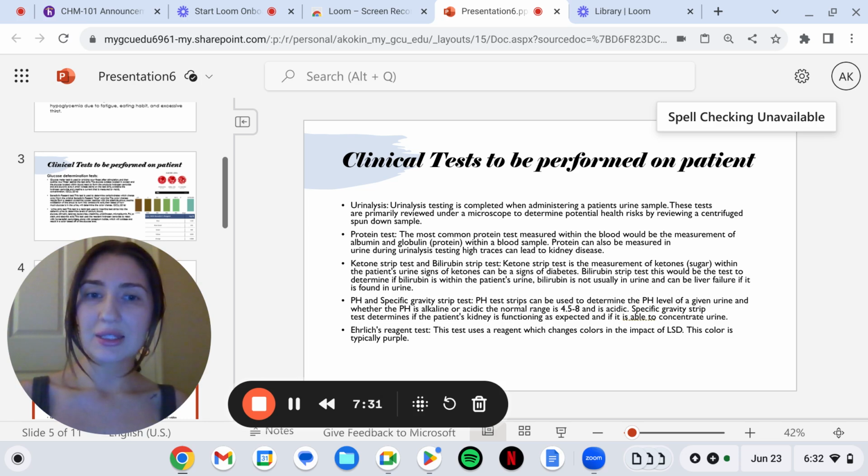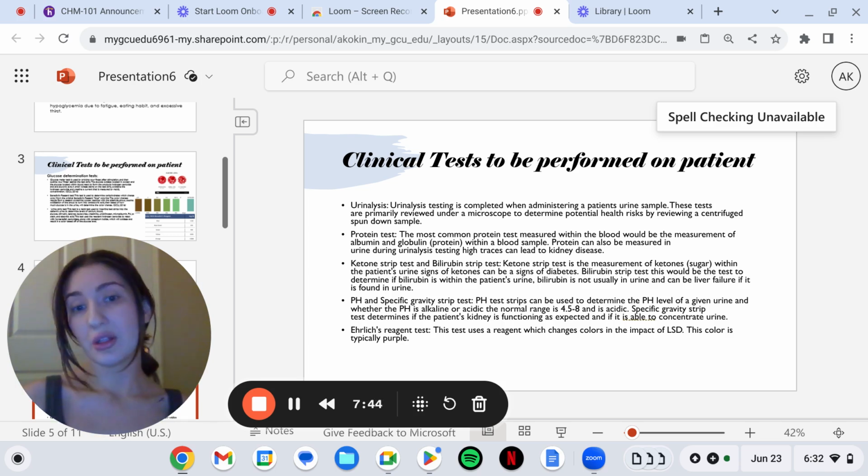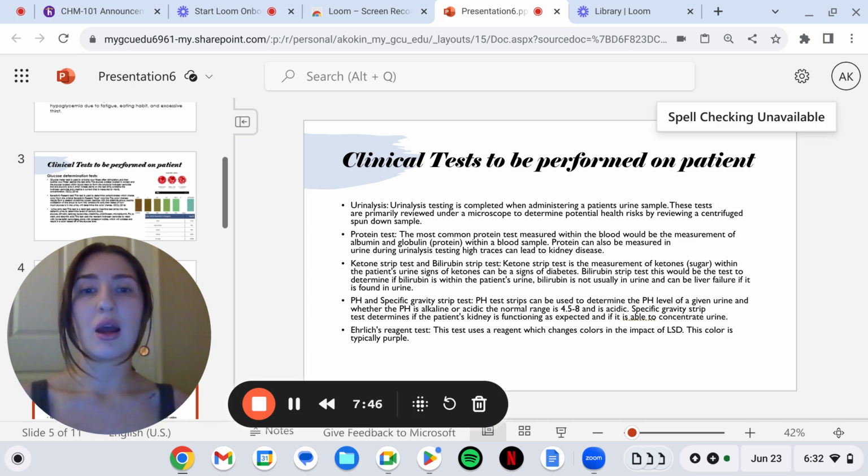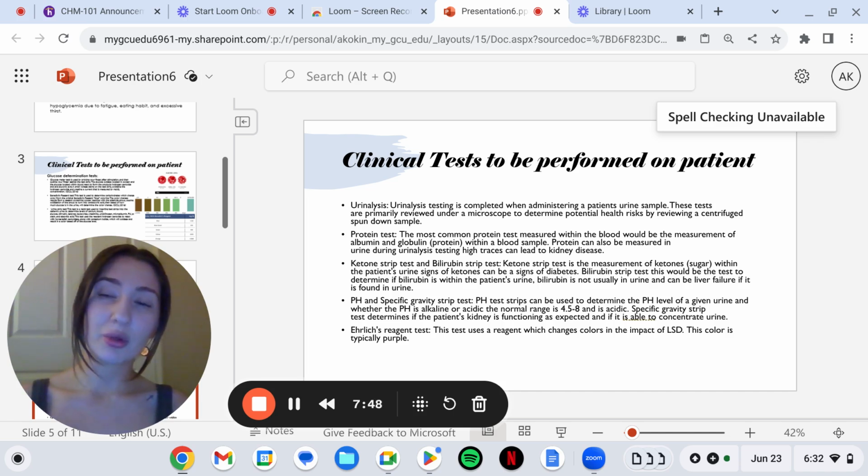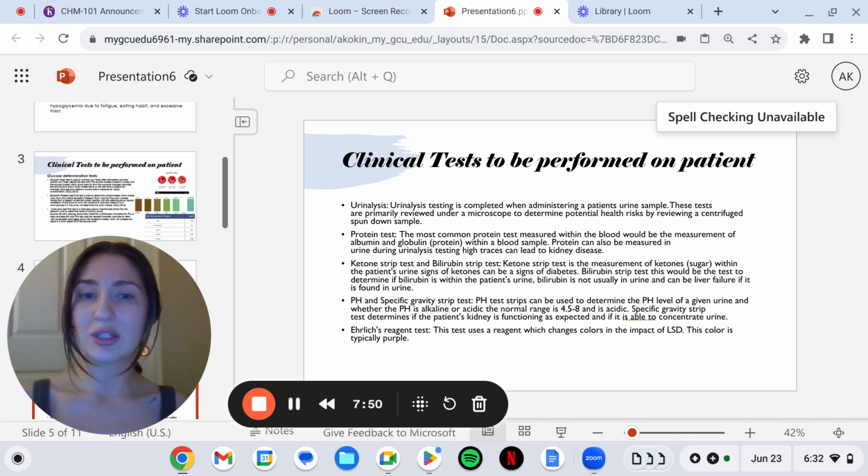A protein test is one of the most common tests that will be used to determine a measurement of protein within the blood sample provided by the patient. It can also be measured in the urinalysis as well. And high traces of protein can be further indications of diseases such as within the kidney.